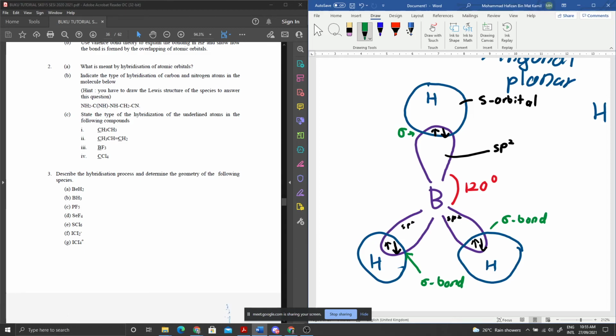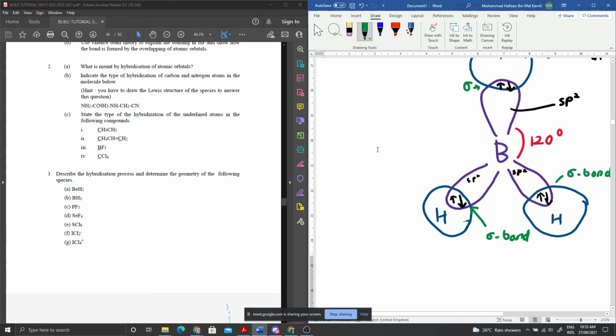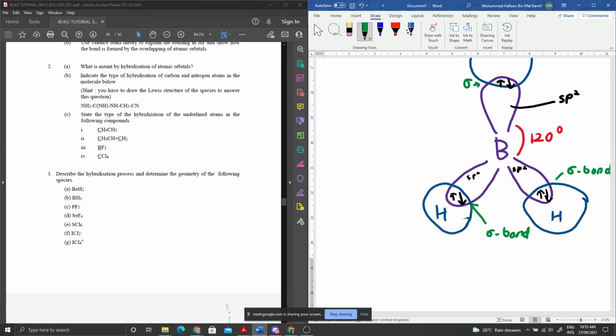Okay, and then so you tulis lah, the sp2 hybridization. Teruknya saya tulisan.